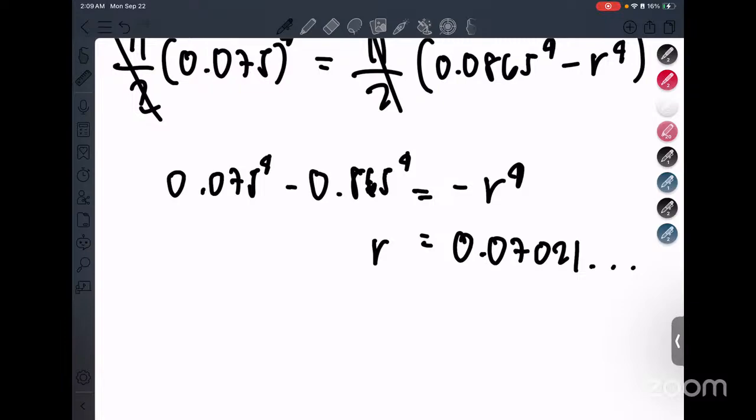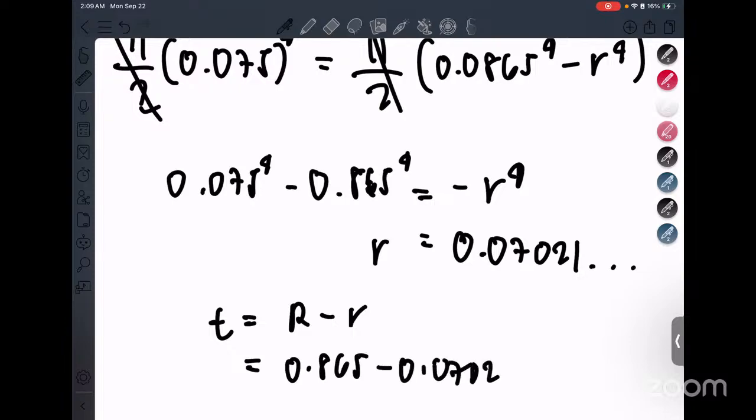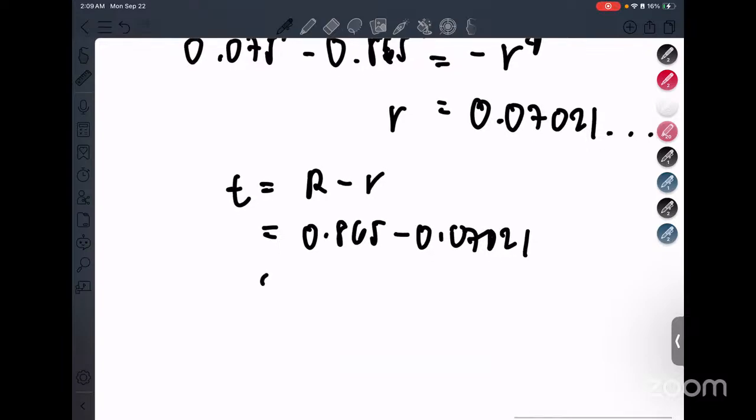We're not looking for r. We're looking for the thickness. Thickness is just equal to the outer radius minus the inner radius: 0.0865 minus 0.07021. This is all in meters, by the way.